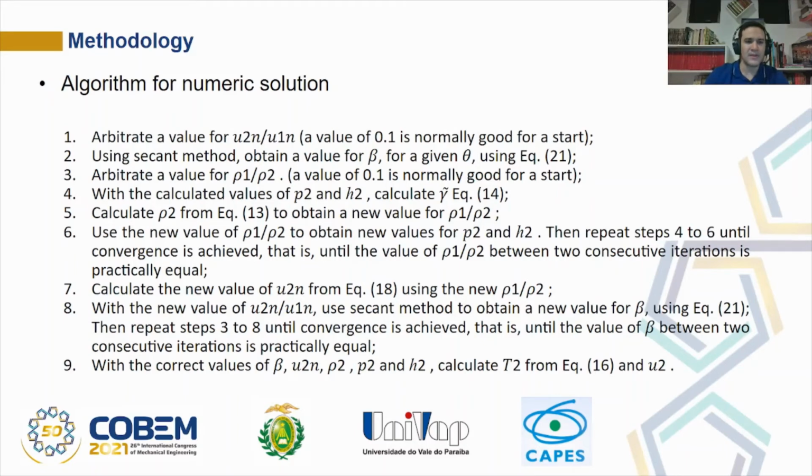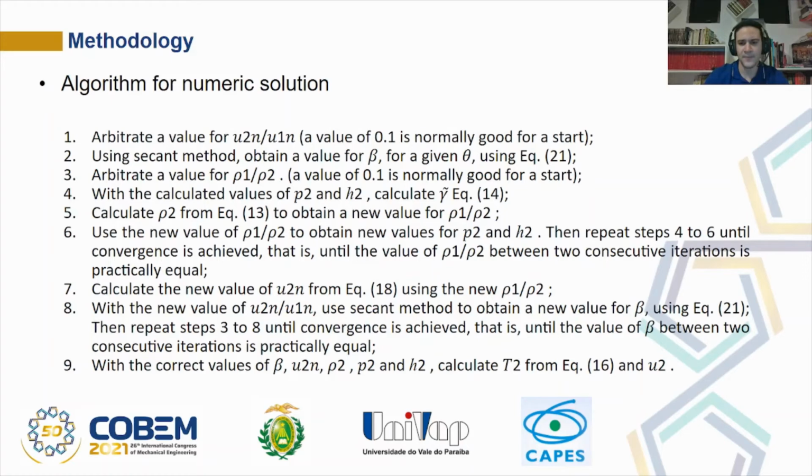Seventh, calculate the new value of normal velocity 2 from equation 18 using the new density ratio. Eighth, with the new value of the normal velocity ratio, use the secant method to obtain a new value for beta using equation 21. Then repeat steps 3 to 8 until convergence is achieved.